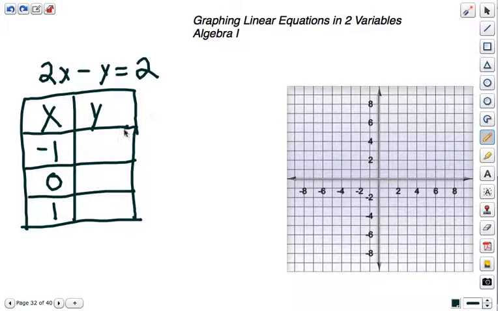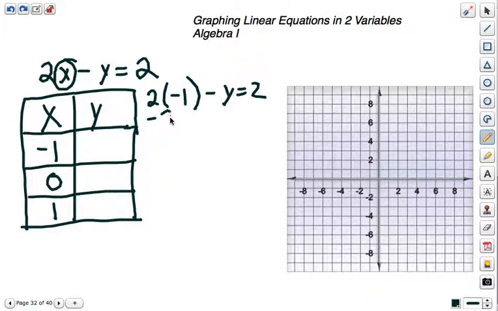Now that we've done our table, we substitute these x values in and then solve for y, and that'll give us our second coordinate. So we have 2 times -1 minus y equals 2. What I've done is substituted -1 in for x. -2 times 1 is -2, minus y equals 2.